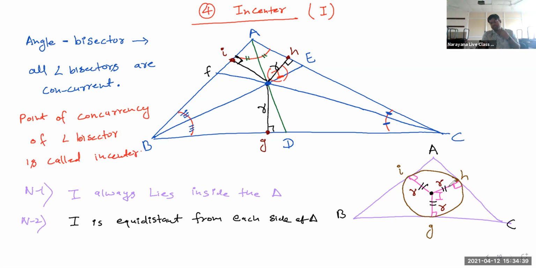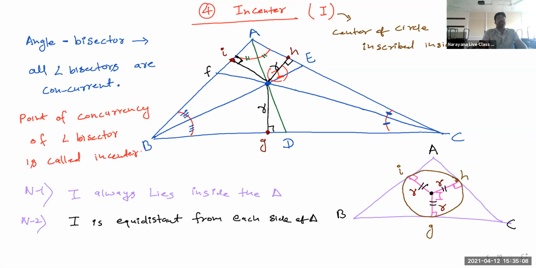This is a circle which is inscribed inside the triangle ABC. So what is I? You can also say, in other words, that I is the center of the circle inscribed inside the triangle.